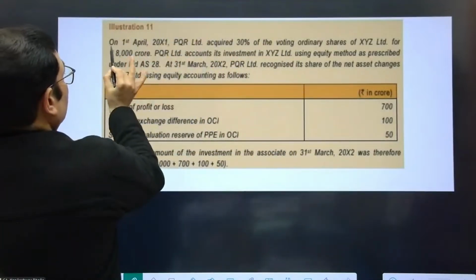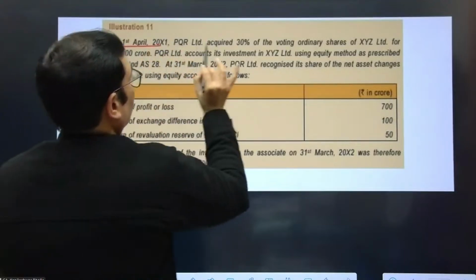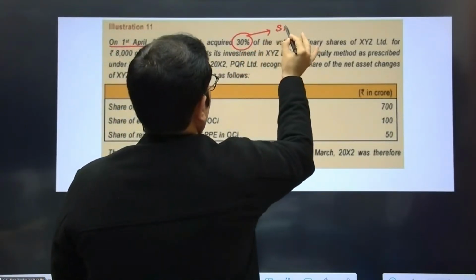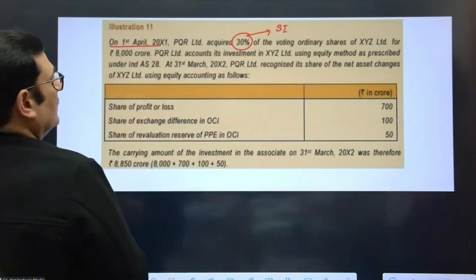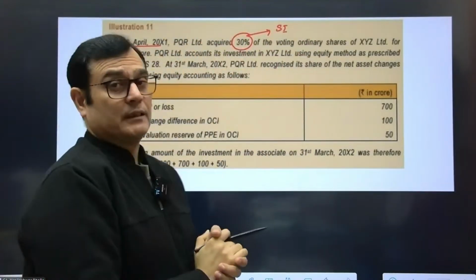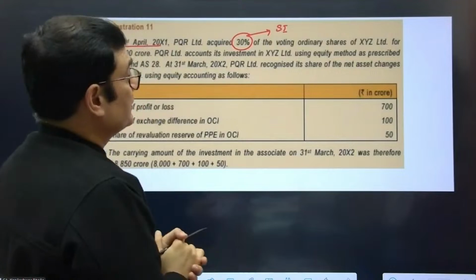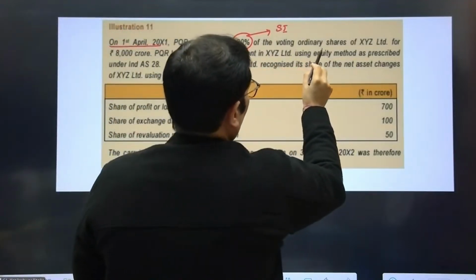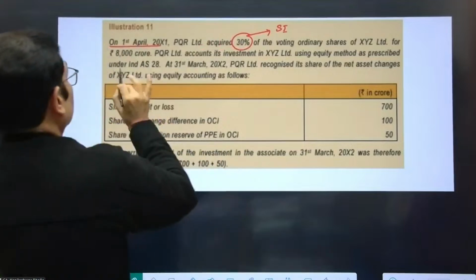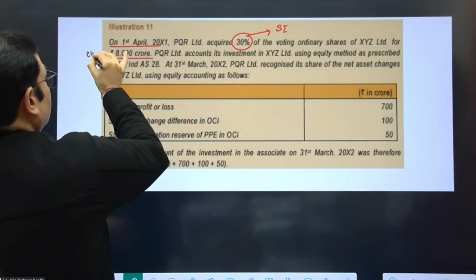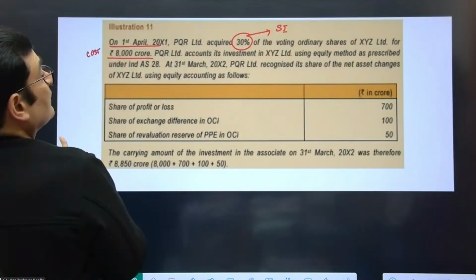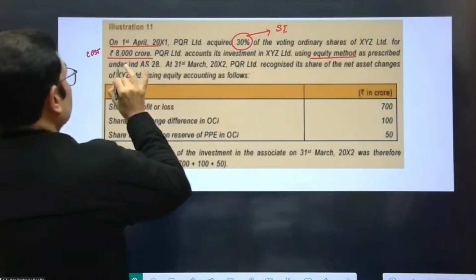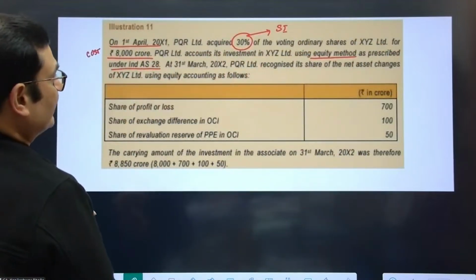It says on 1st April X1, PQR acquired a 30% voting share, which means it has significant influence, which means it must have accounted under the equity method under Ind AS 28. So PQR acquires 30% voting shares for 8,000 crores. That is the original cost. PQR accounts for the investment using the equity method as prescribed under Ind AS 28.